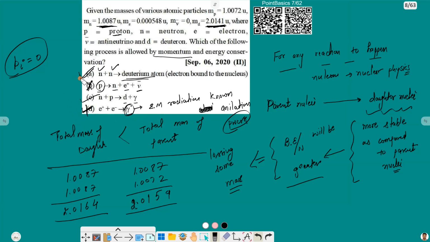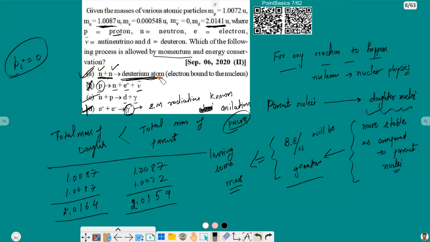Now, similarly, if we apply momentum conservation in case A, these two neutrons, their total momentum is zero. The first one is moving, suppose, in positive x, the second one in the negative x, they collide with each other and we have a deuterium atom.